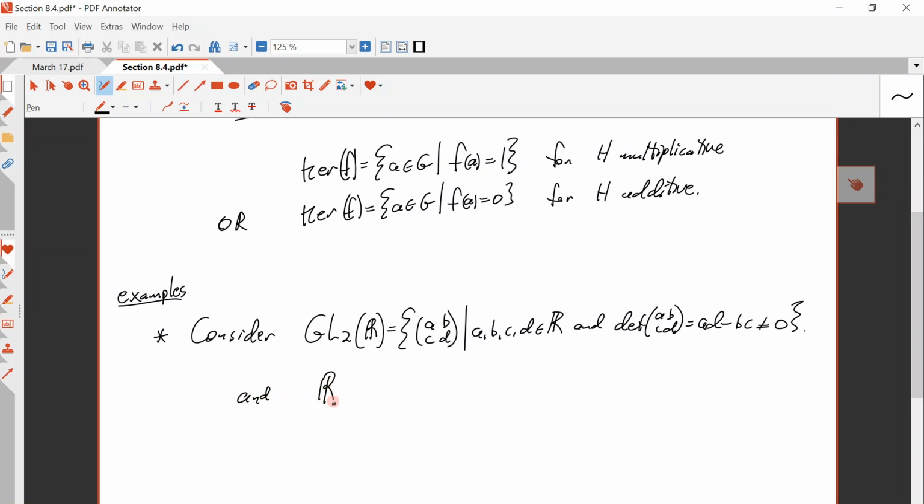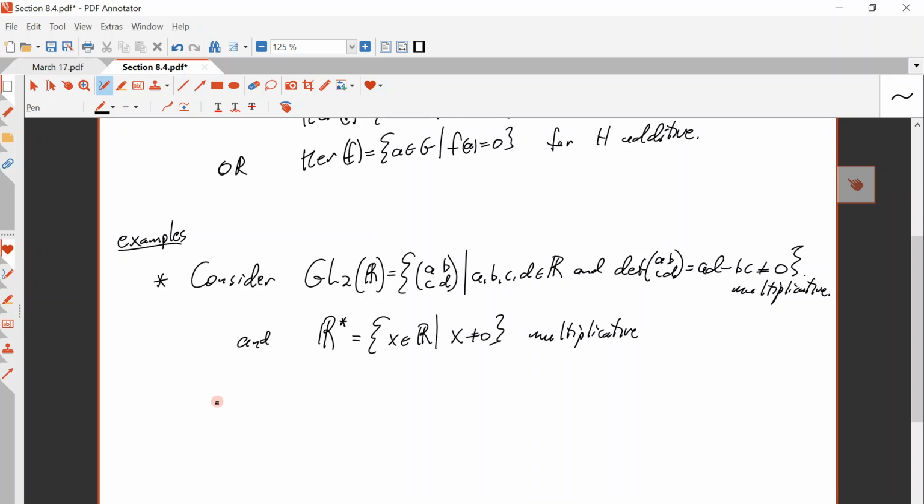And consider the group R star, which is the set of all x in R such that x is not 0. That's also multiplicative. Those are both multiplicative groups.